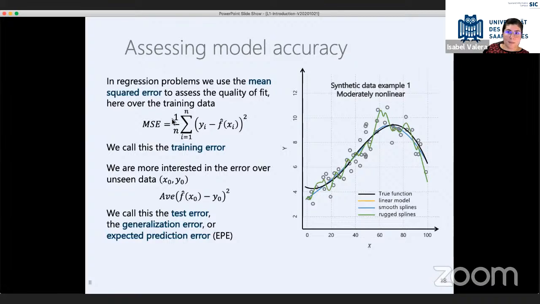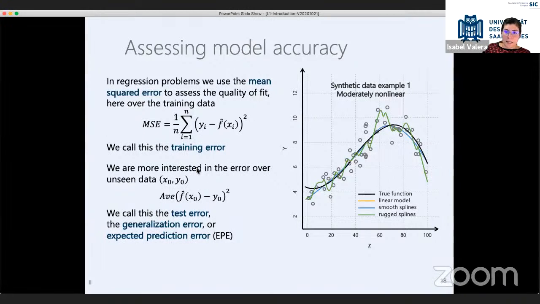This is the Monte Carlo estimator because we only have training data and samples. I compare the true output variable that I observe versus my predictions based on f hat, square that, and take the empirical mean. And this is what we are going to call training error. So in general, what you are going to try to do is find the f hat that minimizes this MSE. This is how you are going to train things.